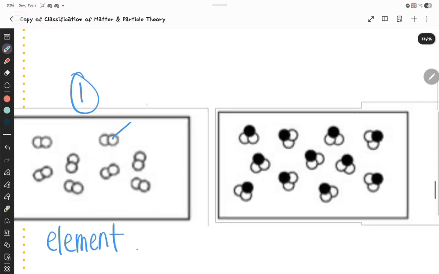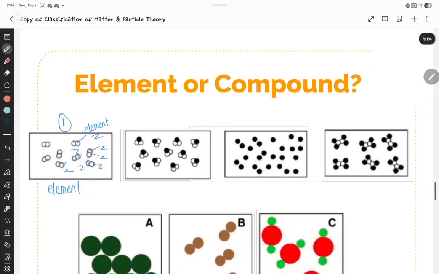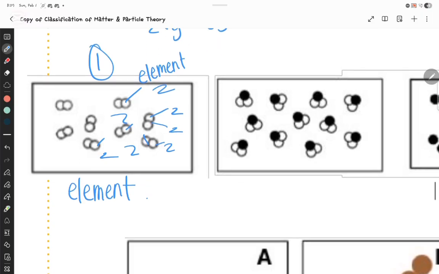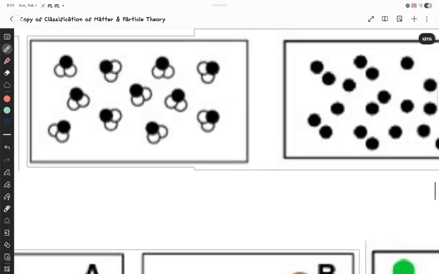Let's say this is element Z. There's only Z in this whole container. It's not like there's Z plus Y forming ZY here or there. It's only Z, only one type of atom, so it's going to be an element. In this diagram here, this is a compound.